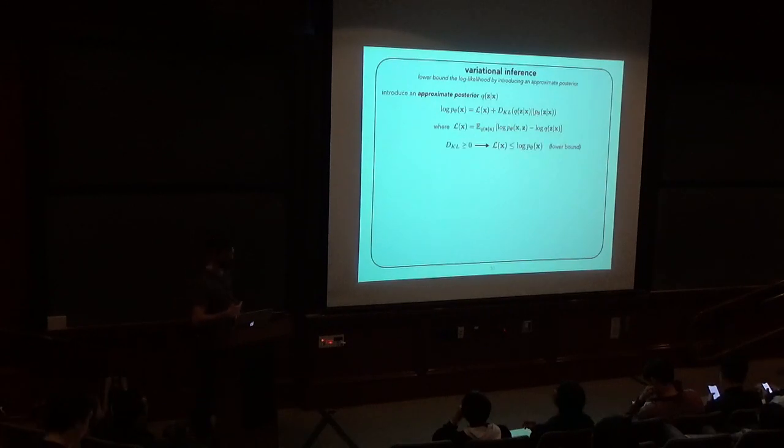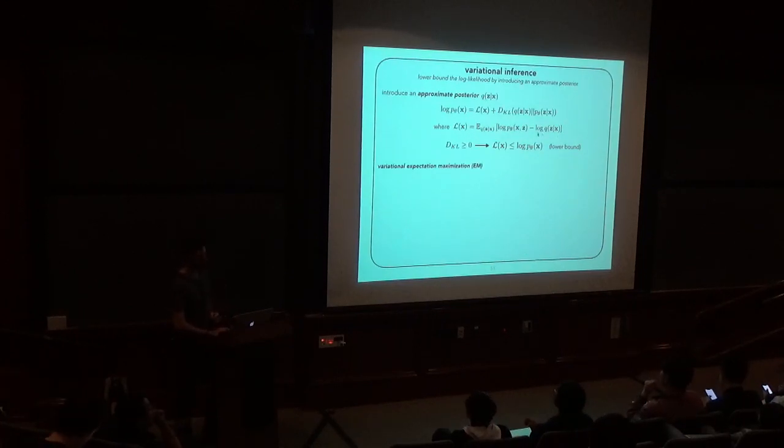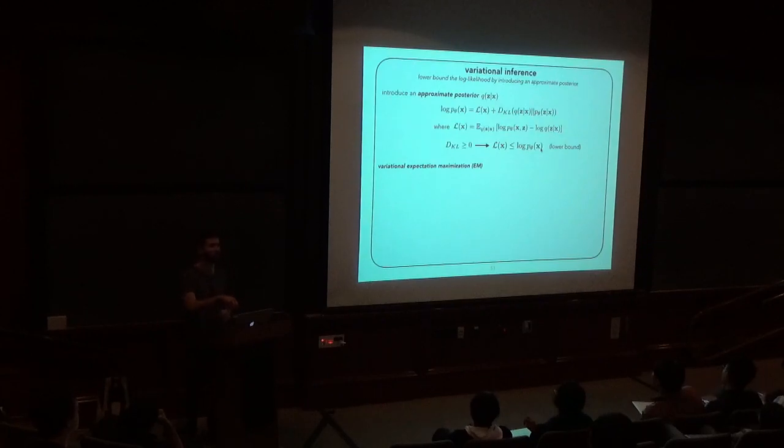And by observing that the KL divergence is always non-negative, so it's always greater than or equal to 0, that means that this term L, the evidence lower bound, is a lower bound on the log marginal likelihood. So in maximum likelihood estimation we can replace the log probability with the lower bound to hopefully do pretty well.